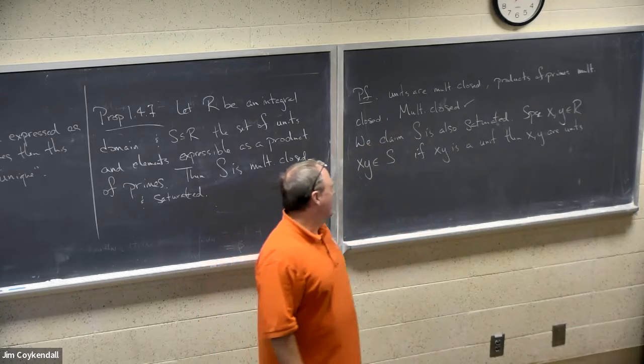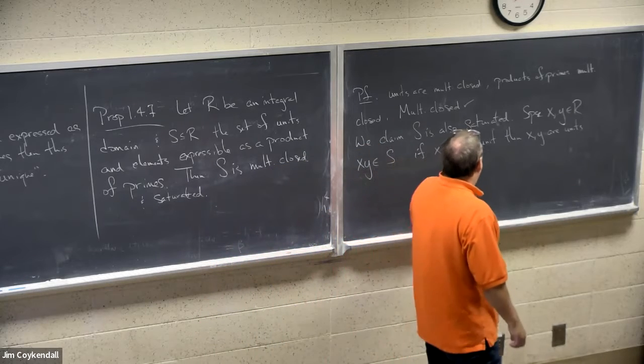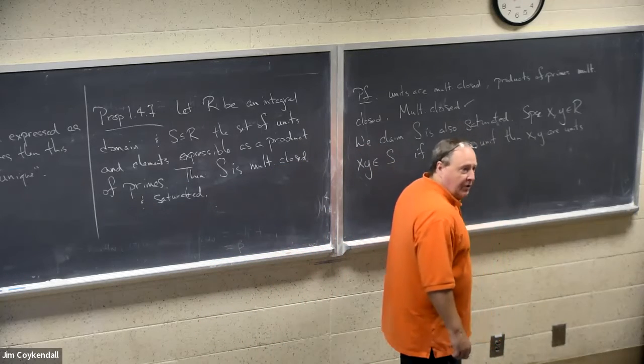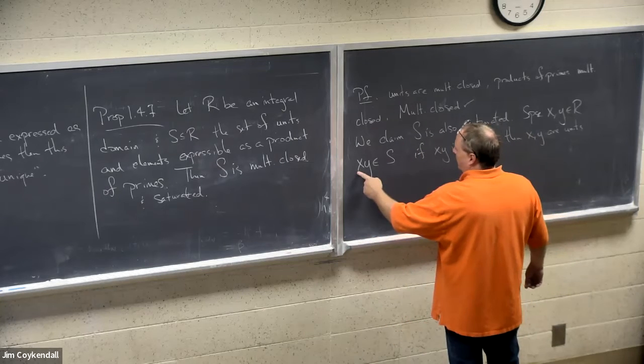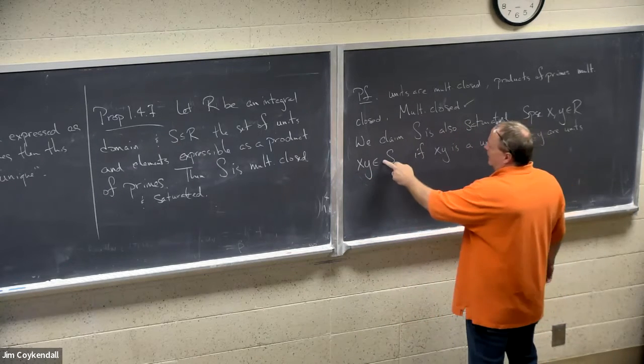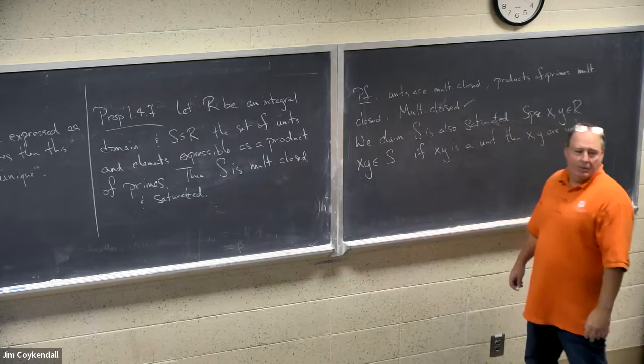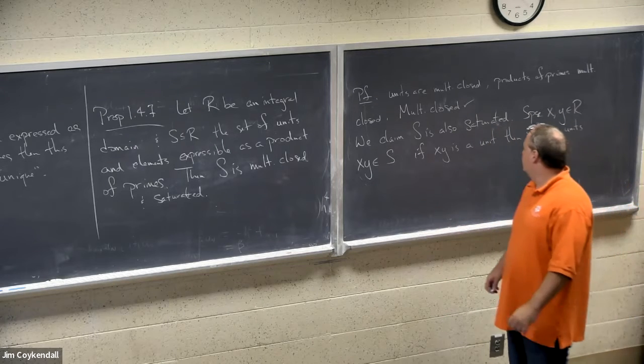And in fact, if one of X and Y is a unit, I'm still good to go, because all I have to do is multiply by X inverse, and X inverse times a product of primes is still a product of primes, so good to go.